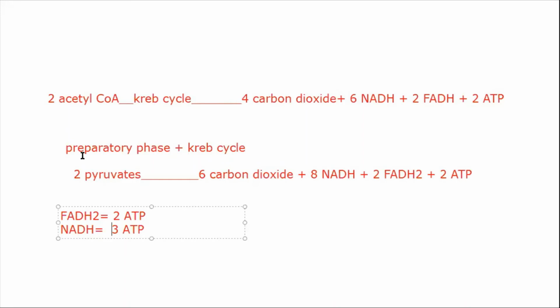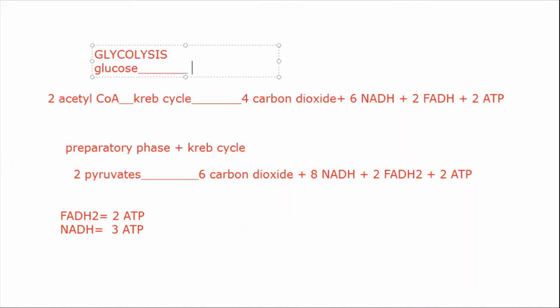So here, if you want, guys, you can simply go back and add glycolysis. In glycolysis, you start with glucose, which gave us 2 pyruvates, plus 2 ATP, plus 2 NADH.